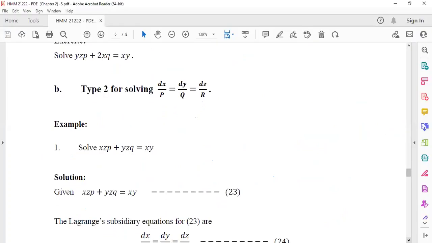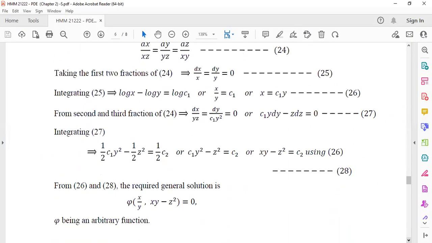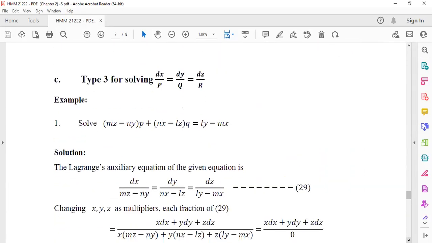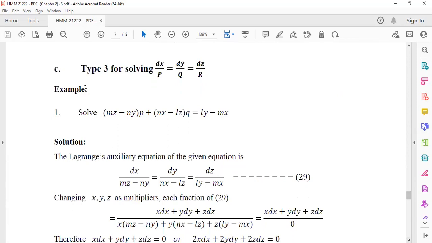Okay, let's go back to our type number 3. So this is also having the auxiliary equation type.